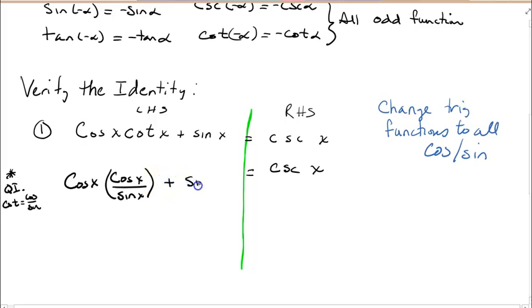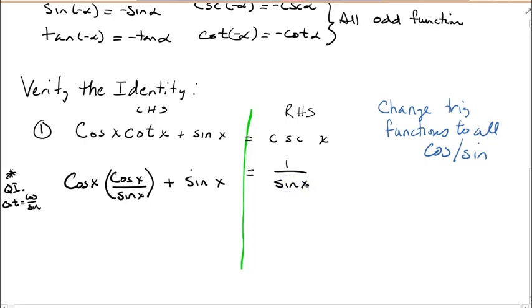I'm not going to change sine x because sine x is already a sine. So what I'm doing is moving everything into sines and cosines. I can even do it over here if I wish. Because I'm not manipulating and moving things from one side to the other, I can change cosecant to 1 over sine x.